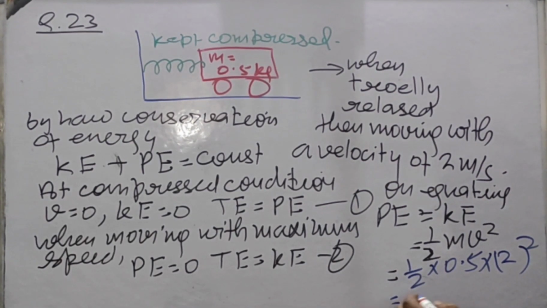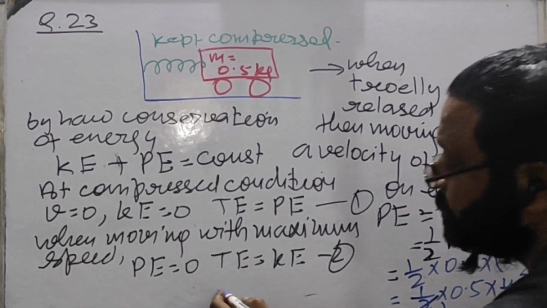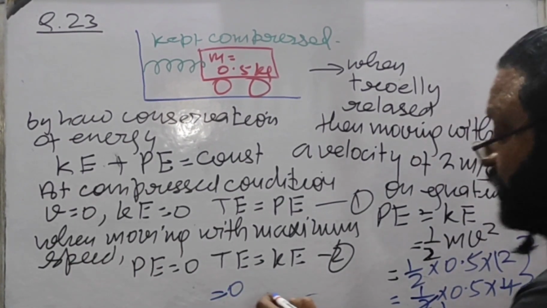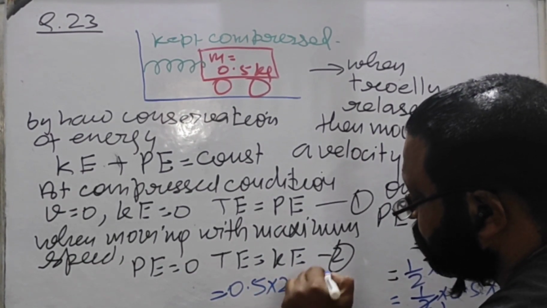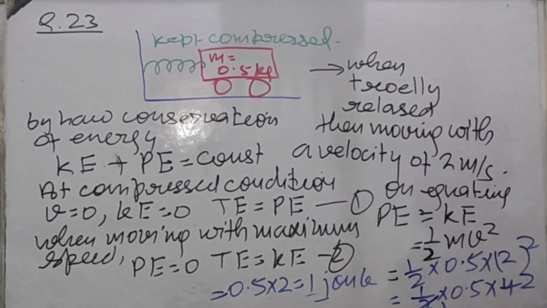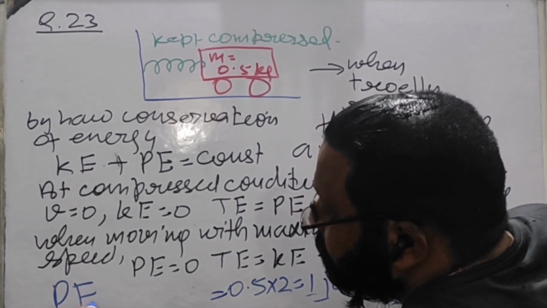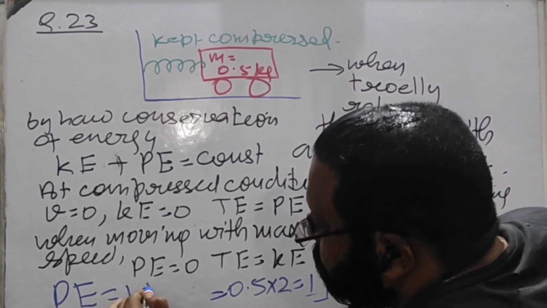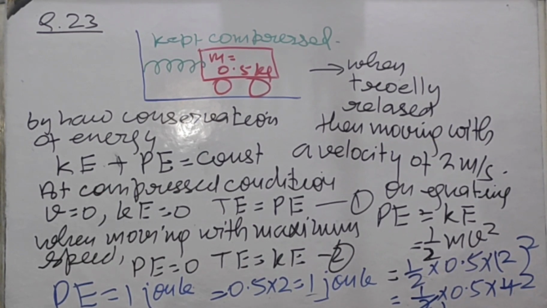So it becomes 1 by 2 into 0.5 into 4. 2 1s are 2, 2 2s are 4. It becomes 0.5 into 2, which is equal to 1 joule. Right? So potential energy is equal to 1 joule. Getting? This was your answer.